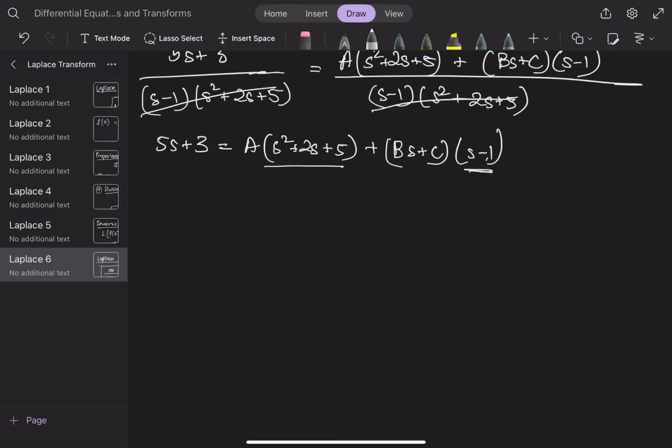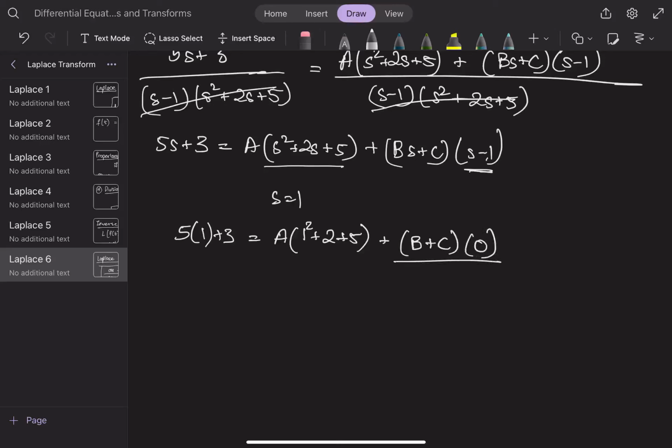So let me put s as 1. So you will get 5 into 1 plus 3 is equal to a into (1 square plus 2 plus 5) plus (b into 1 plus c) into 0. So this term will get cancelled. So you get 8 is equal to 8a. So you get a is equal to 1.